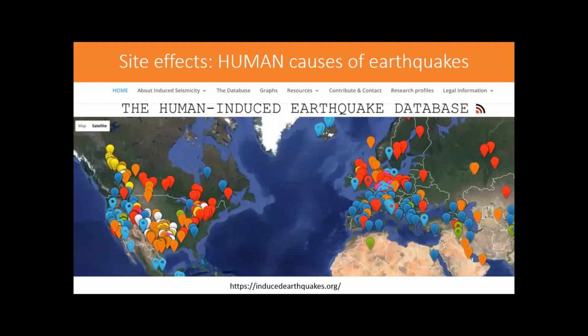So this is a huge database that has collected data on human-induced earthquakes. So let's actually see if it'll work here.